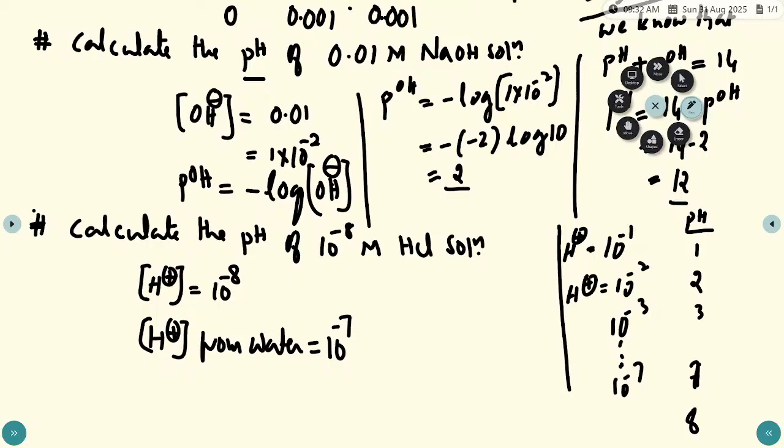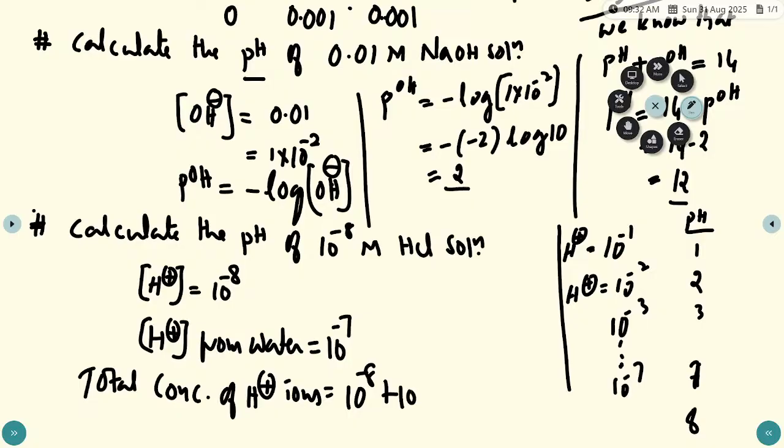Then the total concentration of H plus ions is equal to 10 to the power of minus 8 plus 10 to the power of minus 7. So then calculate.